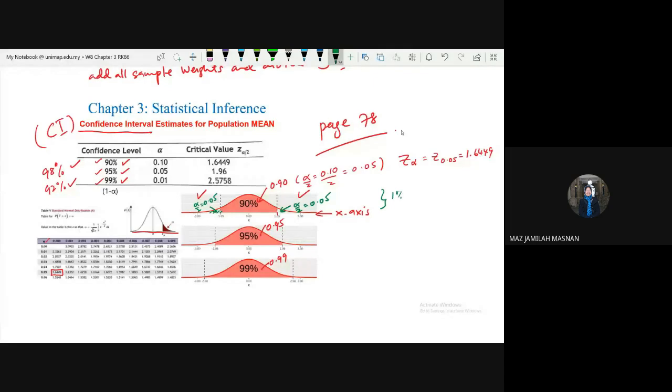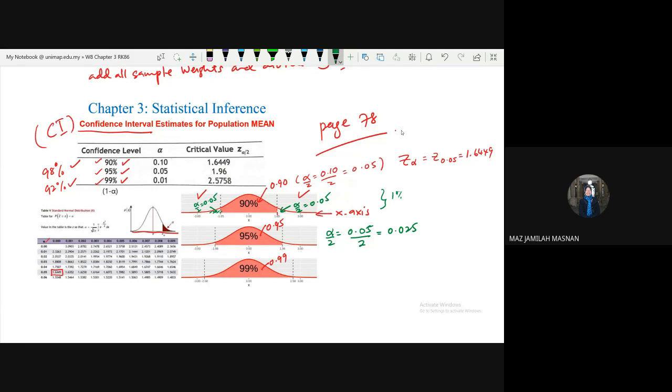Okay, for 95%, we have another 5%, so alpha is equal to 0.05, right? 5%. So divide by 2, and you will get 0.025.